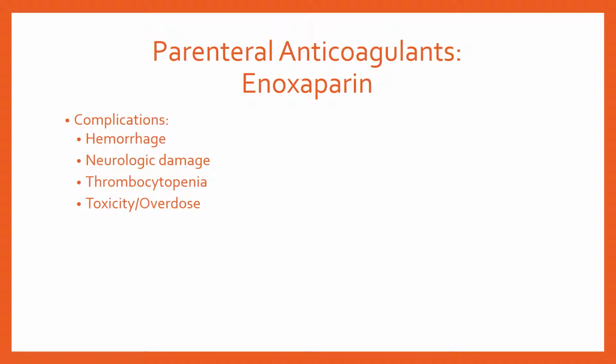So look for swelling, redness around the insertion site, and monitor sensation and movement of the patient's lower extremities. If there are any deficits, make sure that you notify the physician. Thrombocytopenia, once again, monitor your platelets. If it's less than 100,000, make sure that you notify the physician. Toxicity: you can give protamine, once again, to counteract the effects of the medication.